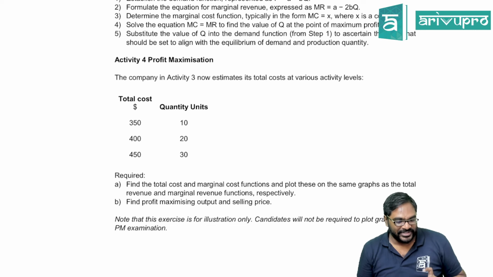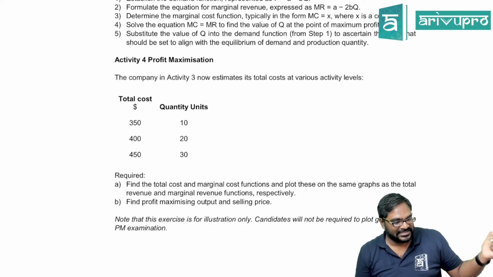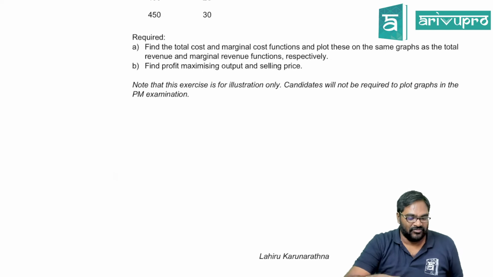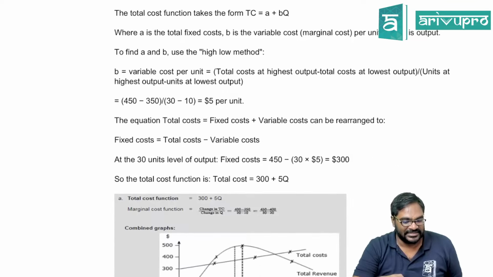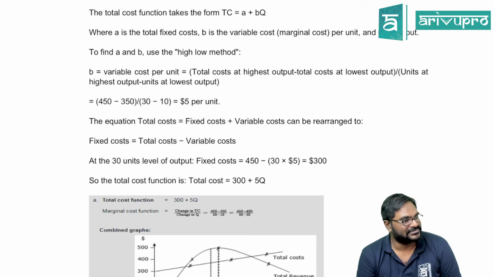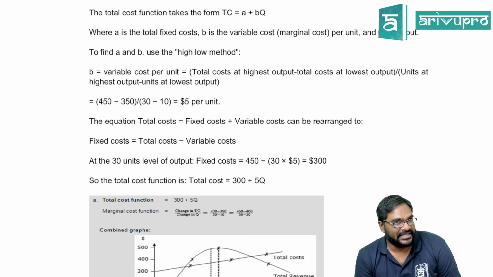When you come to units, highest is 30, lowest is 10. So that means 20 units. Once you solve the formula, 100 divided by 20, you get $5 per unit as the variable cost or the marginal cost.